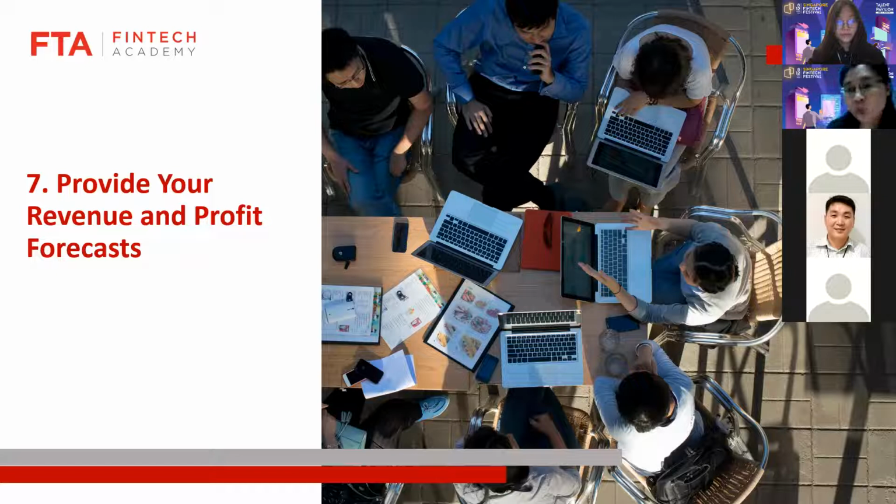This is where you can show a 5-year or 3-year forecast. That is fine. Most investors like to know about the revenue and the profit that could be generated after the first year. So you want to show a first year forecast, where most likely you may have a deficit or you might just break even.